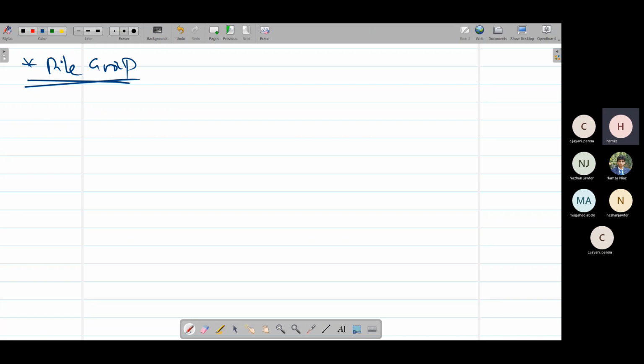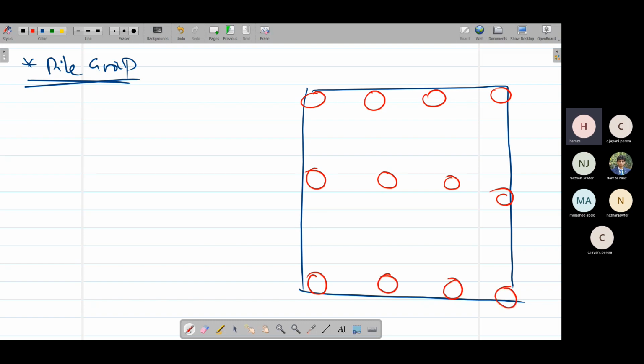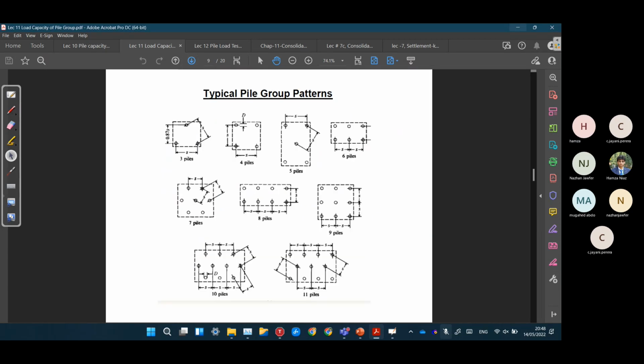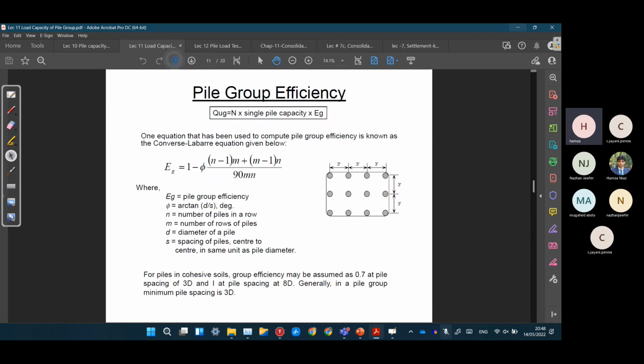Okay, so if there's no question, the second thing in this pile topic is pile groups. So for example, if this is a pile group, this is 1, 2, 3, 4, 1, 2, 3, 4, and 1, 2, 3, 4. So this is a pile group. So if we look at this picture, pile group, where was the picture?